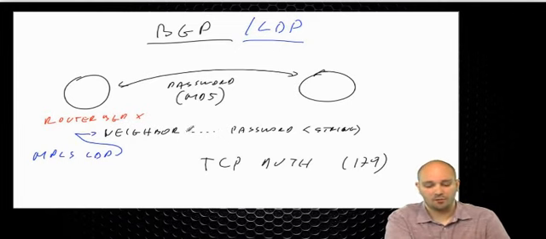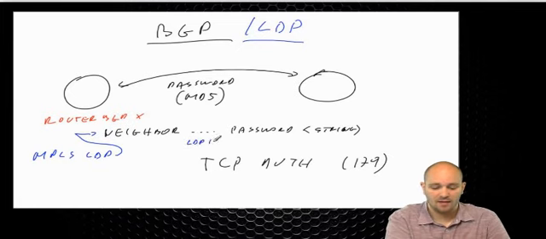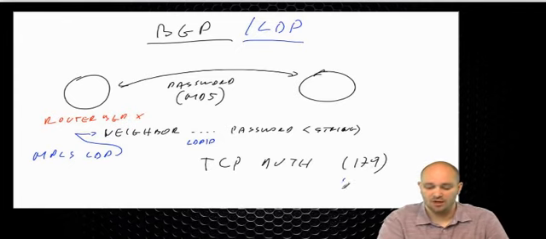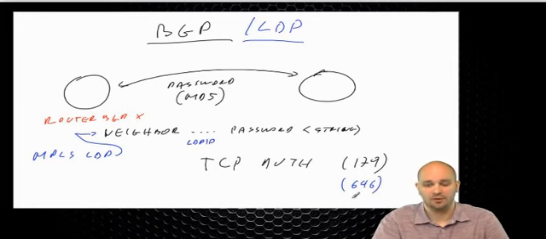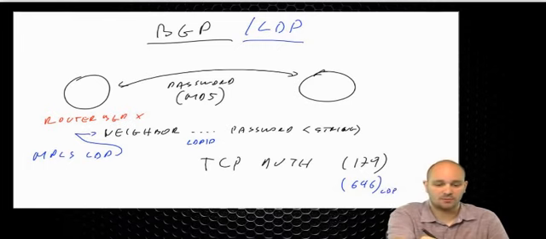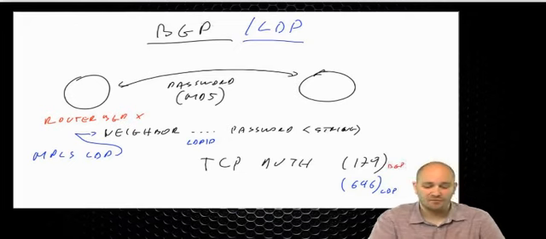Neighbor, we would specify the neighbor, which needs to be the LDP ID of the neighbor, and then we will have password and string. And again, we're going to have the TCP authentication error, and in case of LDP, we will be dealing with port 646. So this is for LDP, and this one here would be for BGP.